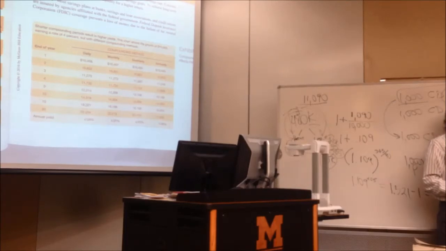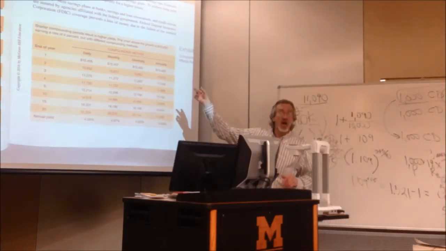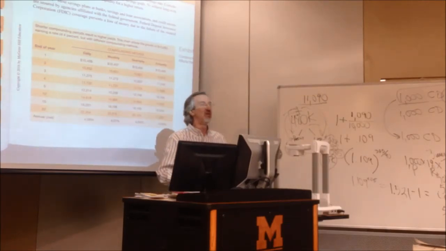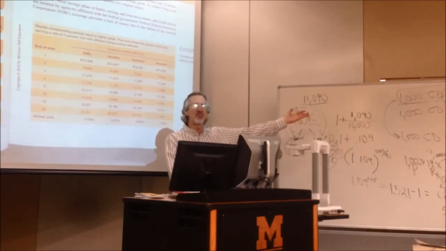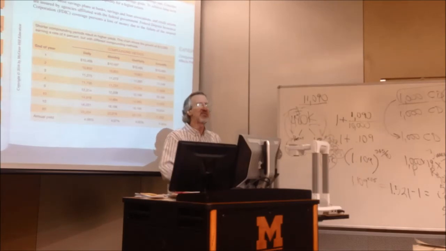It allows consumers to compare apples to apples if this is advertised on loans, and this is advertised on investments. And that's where that all came about, because of compounding. People were making bad decisions, and our Congress said, hey, we've got to figure out a way for people to not be fooled and know which ones are the better investments and the better loans.